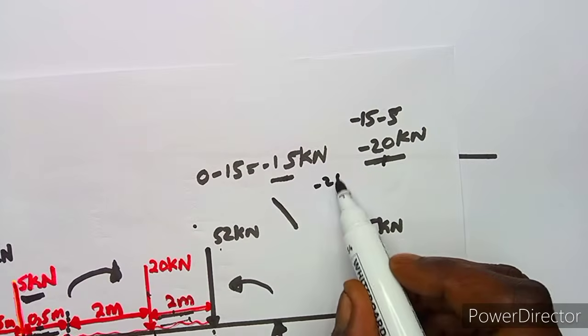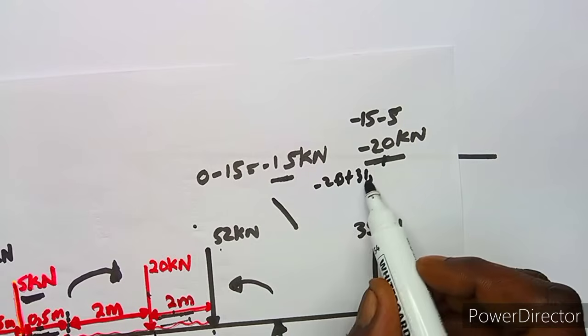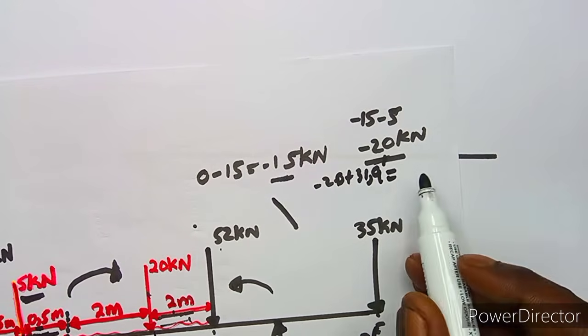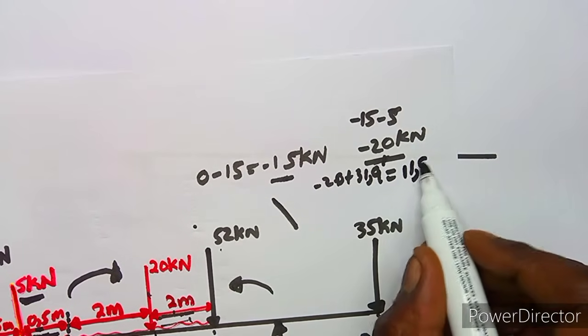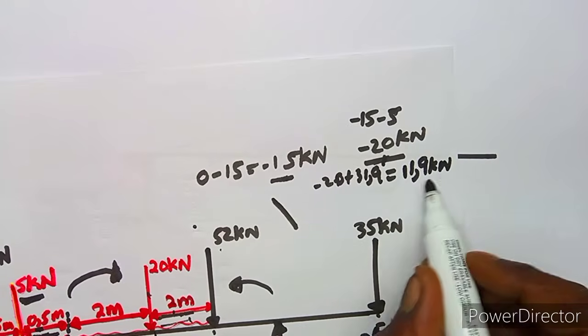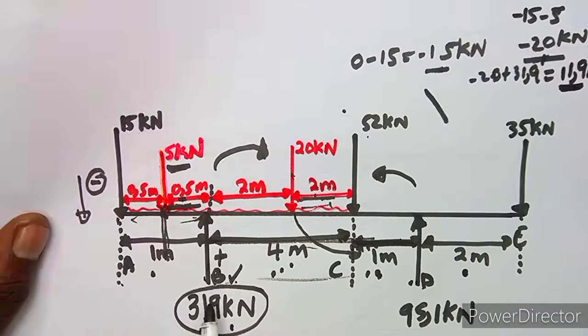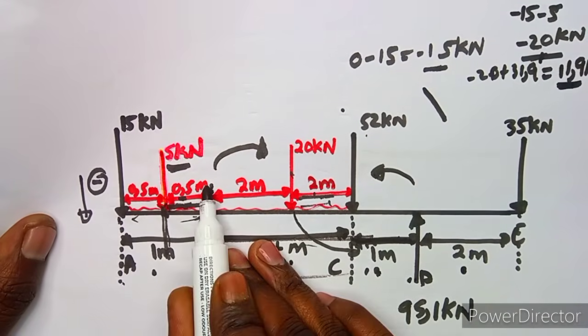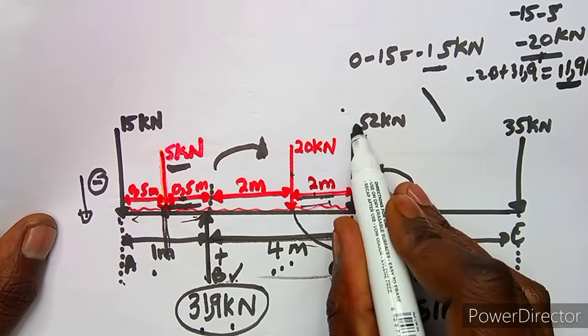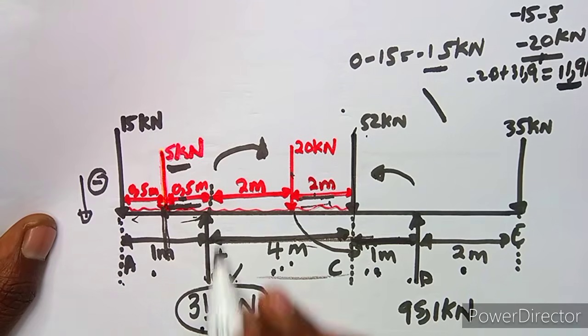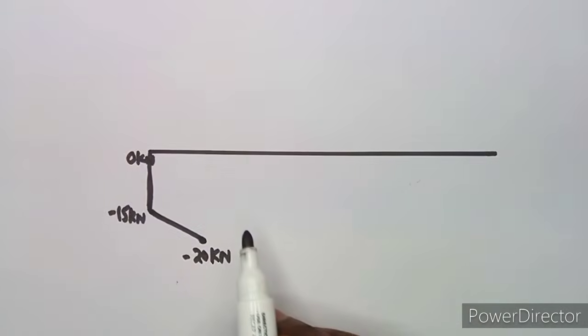So if we add minus 20 plus 31,9, this is going to give us something like 11,9 kilonewton. So this is going up to 11,9 because we are talking of a support. So this one goes direct vertical, just like a point load. It goes direct down. This one, it goes direct up.